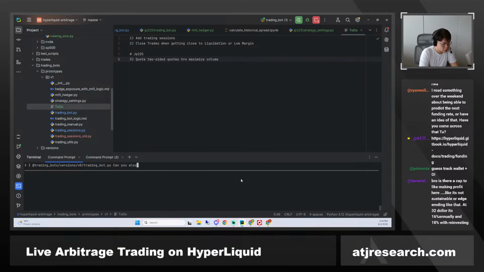Can you also add the liquidation price and free margin on MT5? I want to add another, can you also maybe display the liquidation price on Hyperliquid and free margin on MT5?